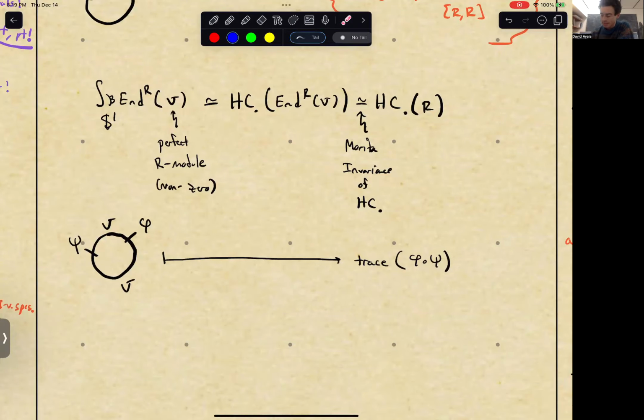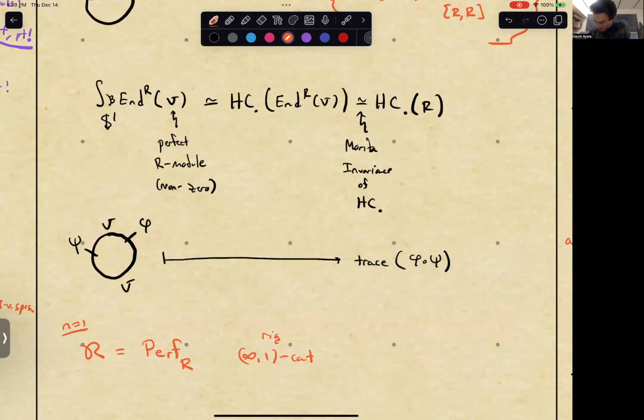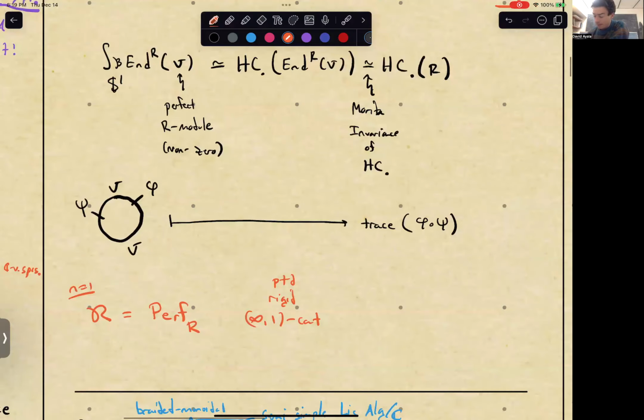And maybe I'll take this as an opportunity to mention that, if one takes R, so this is n equals 1 still, to be Perf of a ring R, so this is an infinity-1 category, which is rigid, and it's pointed. Then one might think that you get a new value there as the beta factorization homology, let's say over the circle.